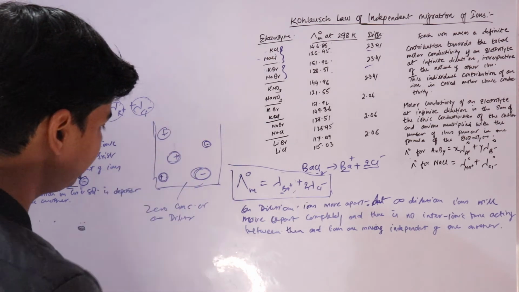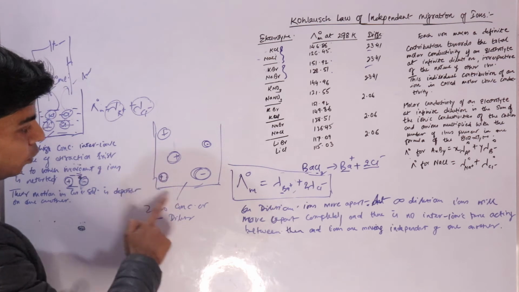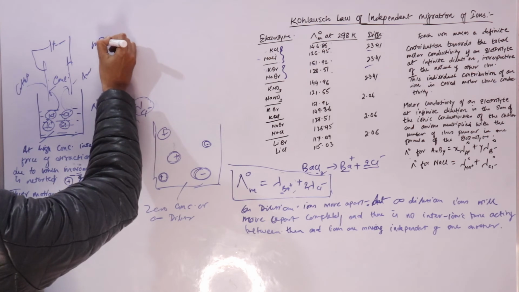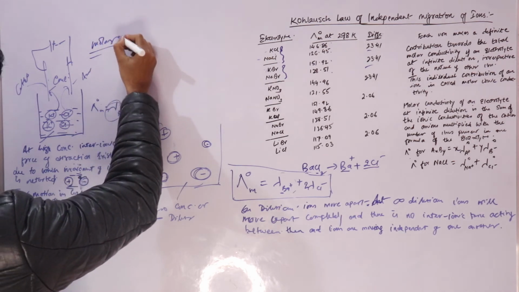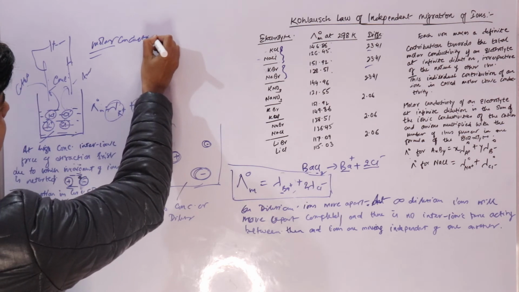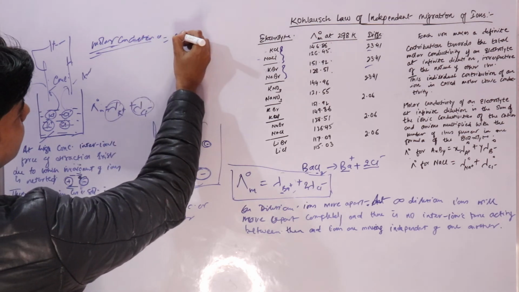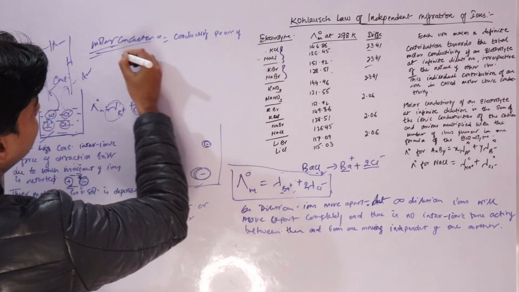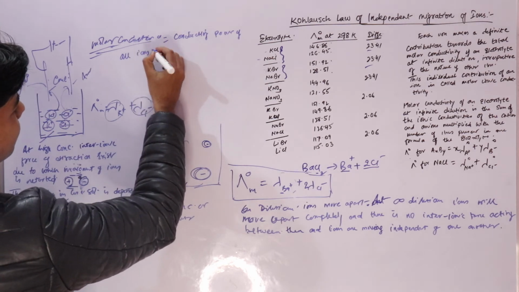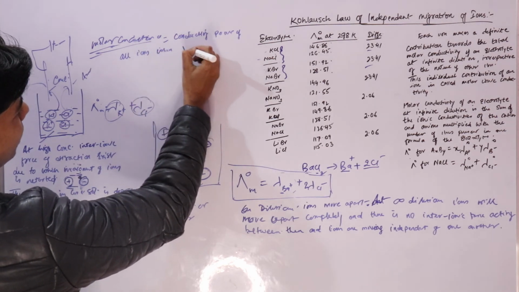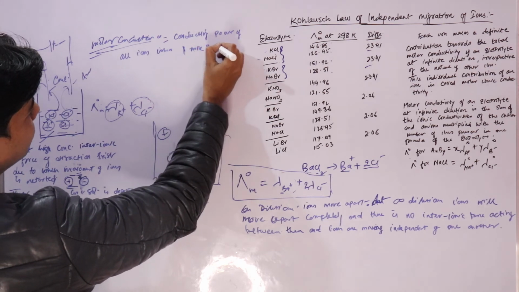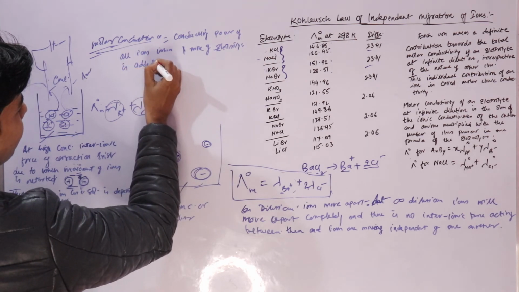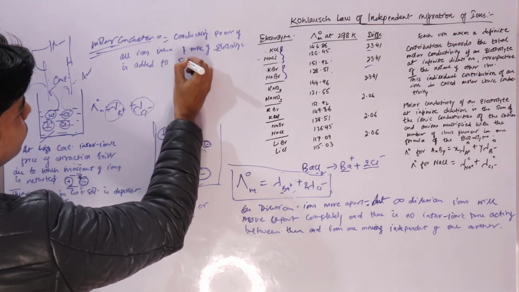And at this point, at infinite dilution, if I calculate the molar conductance, so what is molar conductance? Just to revise what we have gone through in previous lectures: molar conductance is the conducting power of all ions when 1 mole of electrolyte is added to solution.